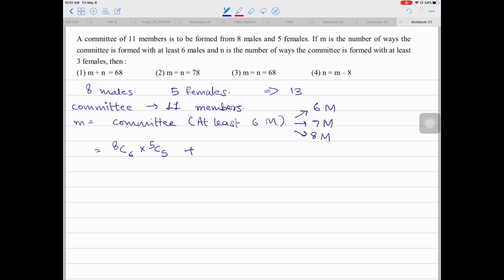Then add the second case, that is we have 7 males. So we select 7 males from 8 males, so that is 8C7, times we need to choose 4 females, so that is 5C4.